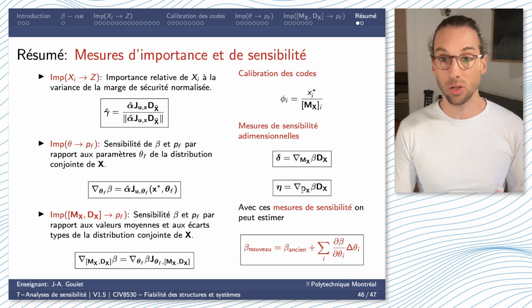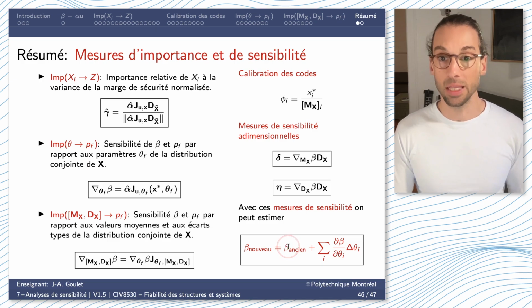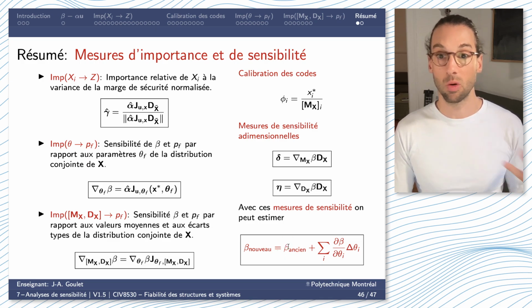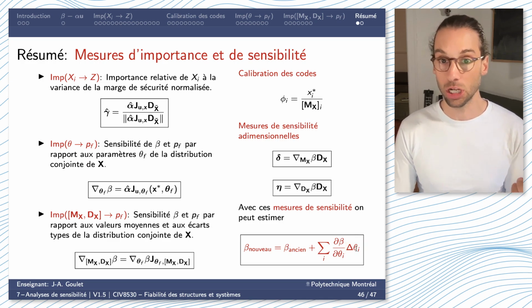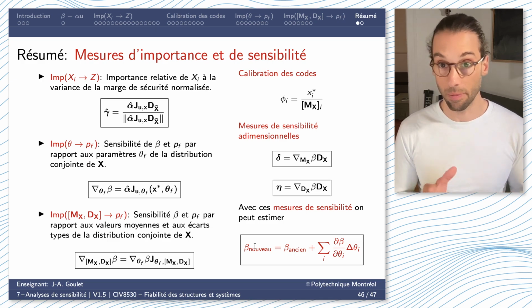If I move my standard deviation by 1 standard deviation, by how much I move my beta. These are my two delta and eta sensitivity measures. And these are the tools that I'm going to use to say, if at the outcome of my reliability analysis my beta doesn't satisfy the requirement of the code, which variable should I act upon, and by how much, if I want a beta that's going to satisfy my codes.